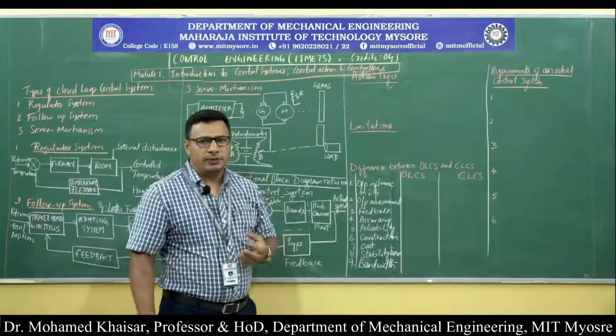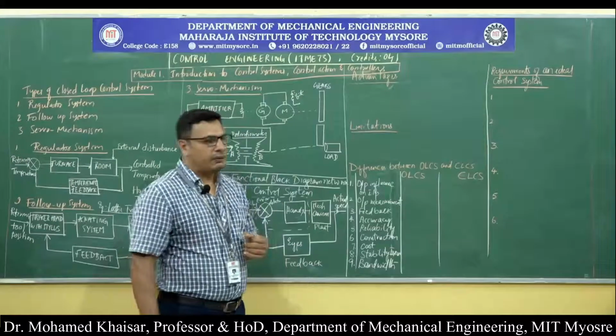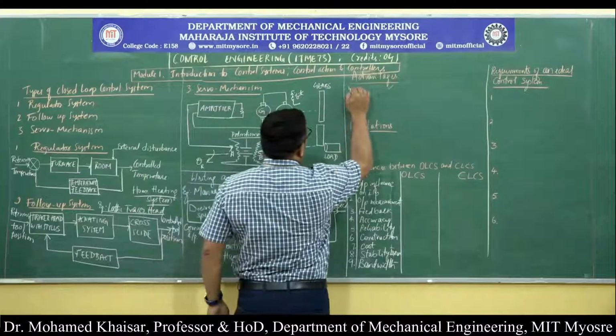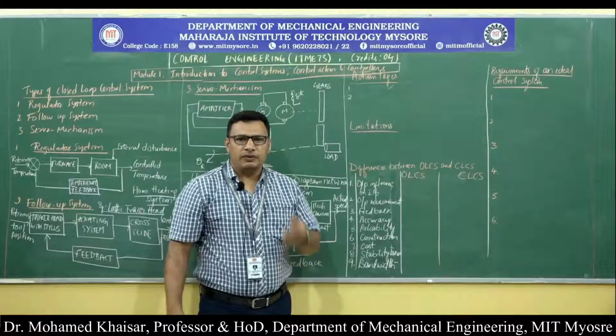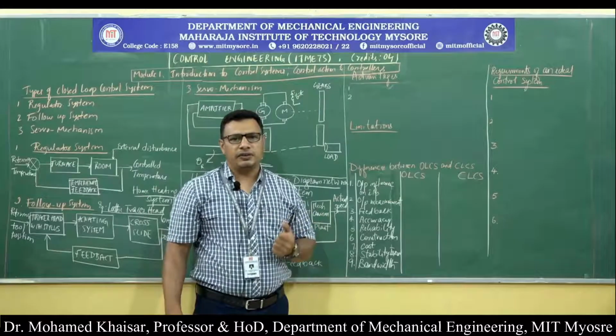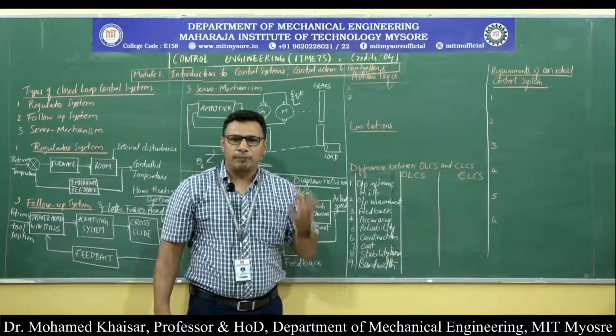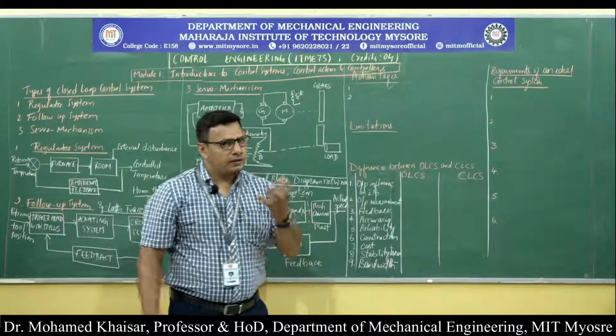Because there is output measurement, there is feedback, and there is correction happening in every single cycle, because of which it is highly accurate. In every single cycle the output is measured and the feedback is happening. The controller compares the actual output and what is wanted, because of which this is very reliable.